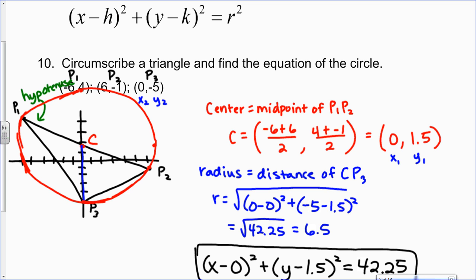So it should resemble a circle. Okay. So when it tells you to circumscribe, that means to draw, and then write the equation.